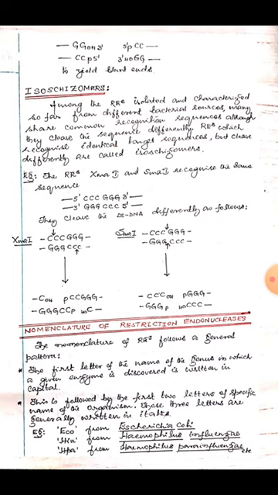isoschizomers. You must have heard of isomers, not isomers, isoschizomers. Let me tell you what exactly I mean. There are a few restriction endonucleases which have been isolated and characterized from different bacterial strains, but they share common recognition sequences.